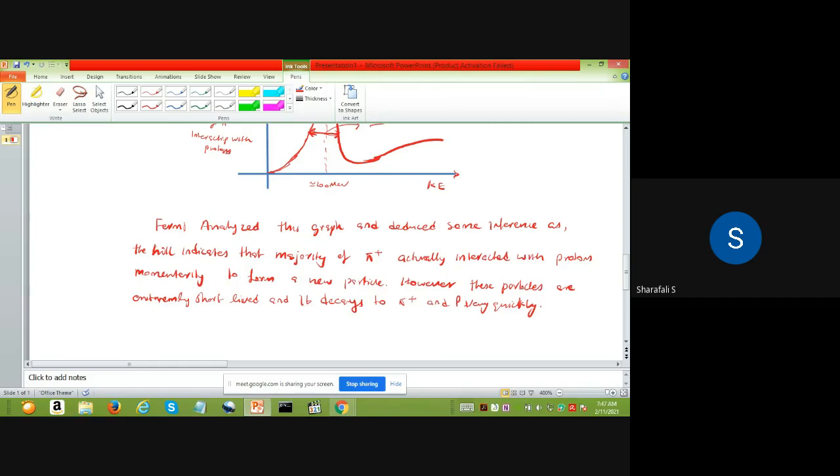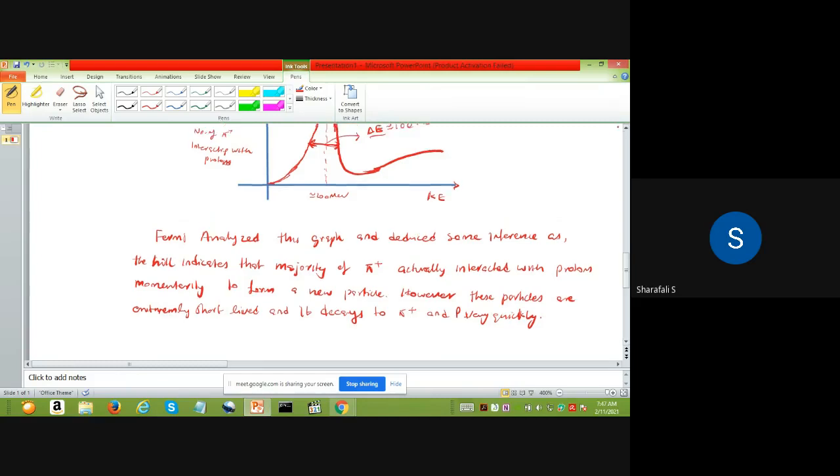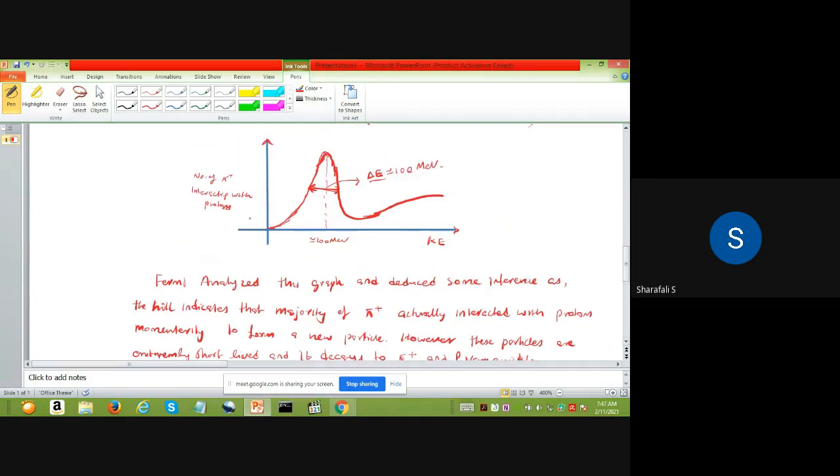From this graph he inferred that the hill represents a larger number of pions, pi plus, interacting with the protons, which are the target material.